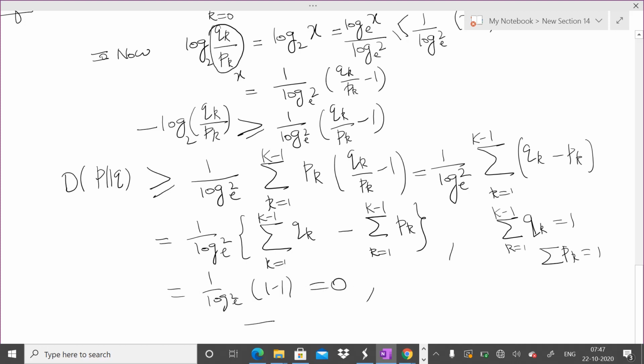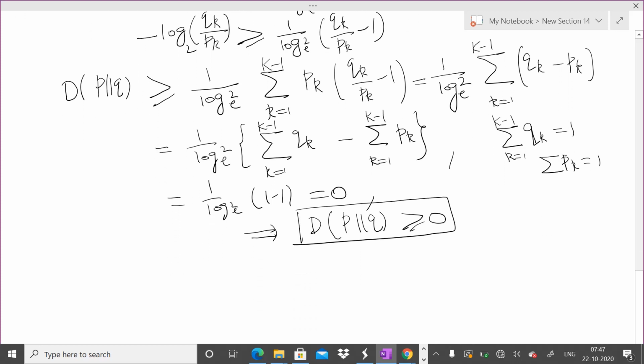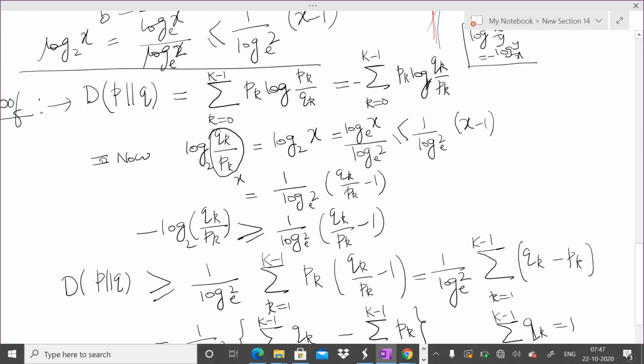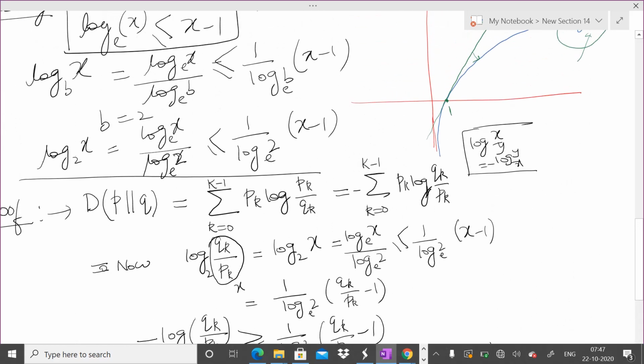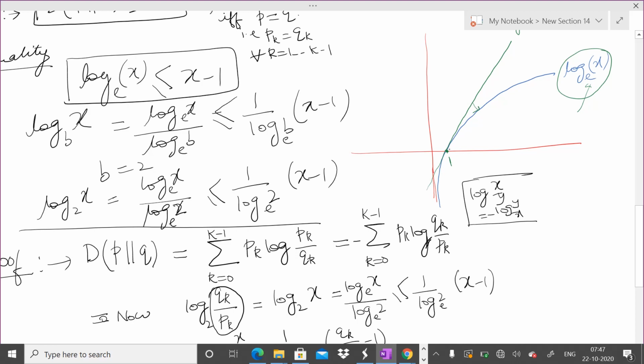So it means that the relative entropy, or divergence, is non-negative. And when is equality attained? We can see that from this plot also. Log of x is equal to x minus 1 when x is equal to 1.